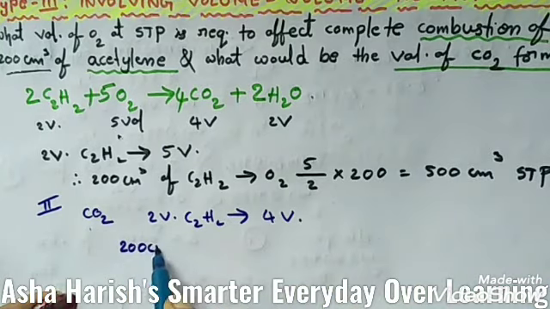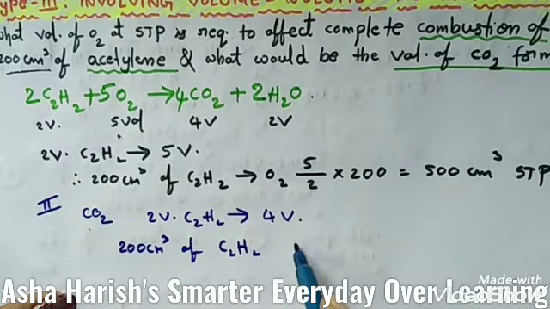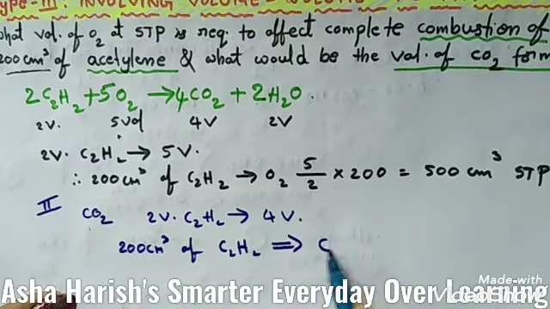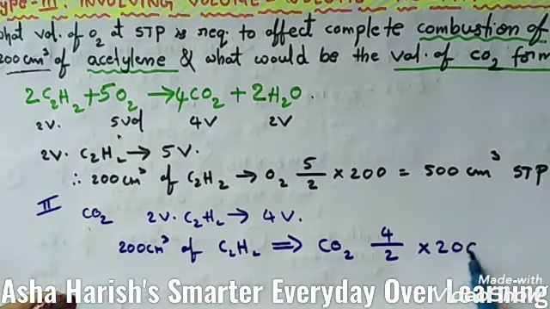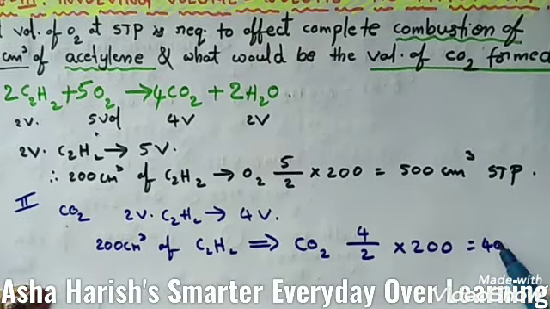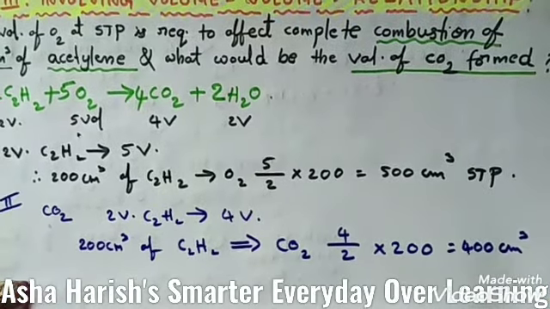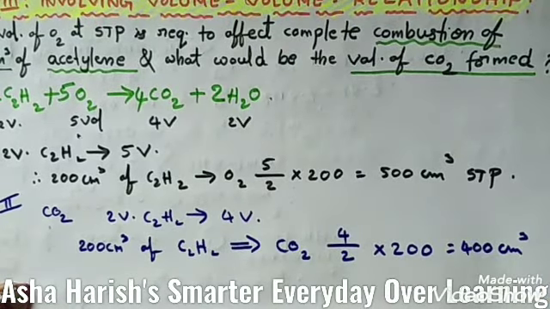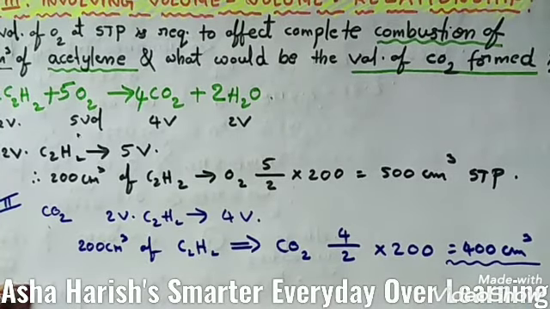Now 200 centimeter cube of acetylene, C2H2, at STP will produce how much of CO2? That is 4 by 2 into 200. So 400 centimeter cube at STP. Thus the volume of CO2 produced is 400 centimeter cube at STP.